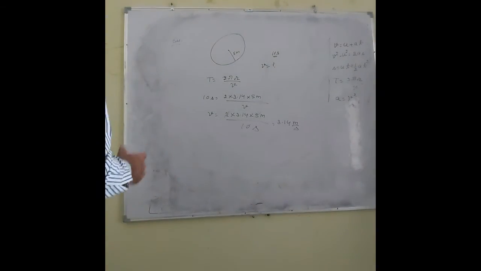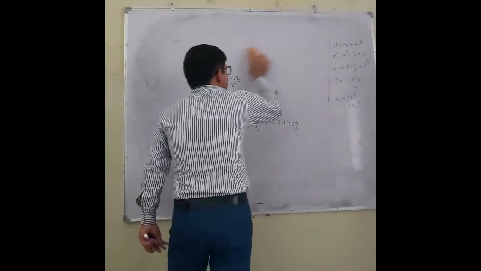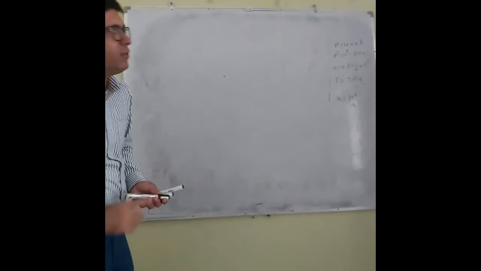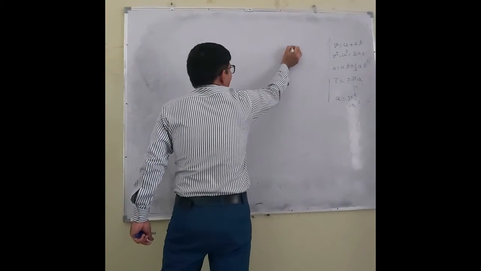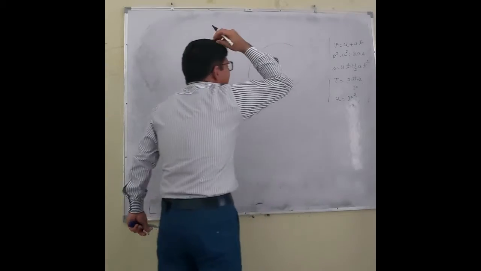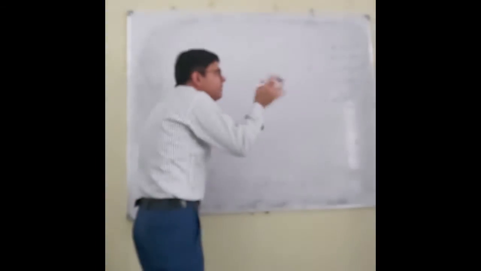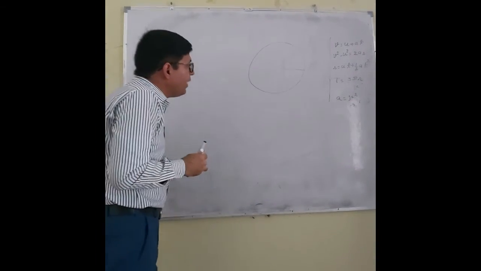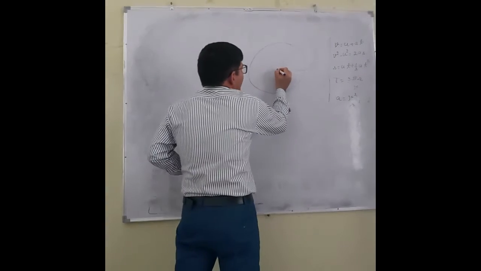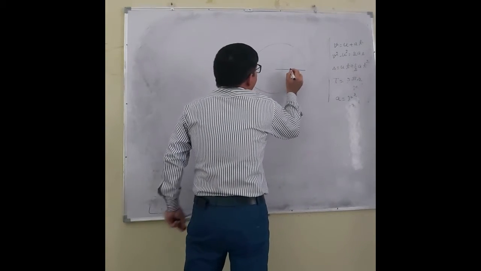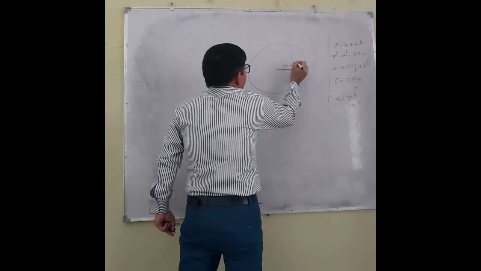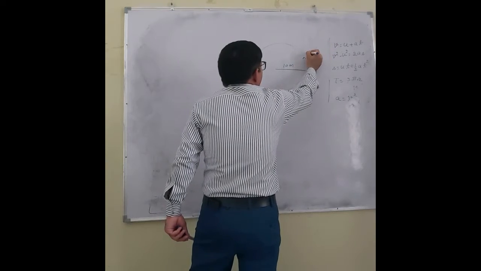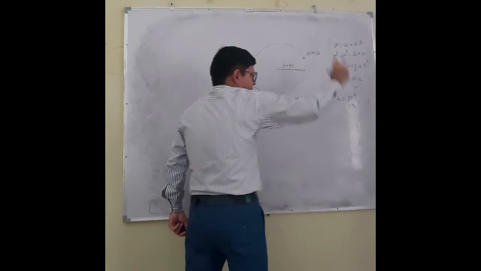Next is clear. My next question is, calculate the acceleration produced in a body which is moving along a circle of radius 10 meter and moving with a speed of 15 meter per second.